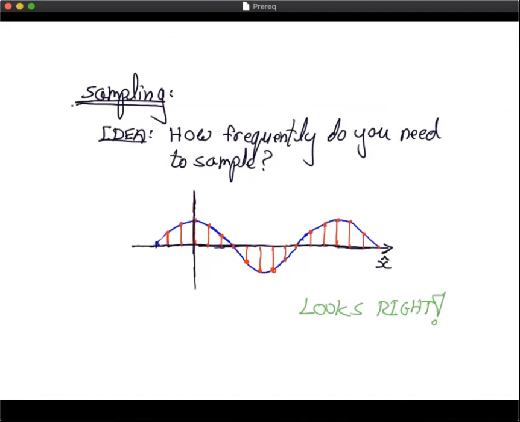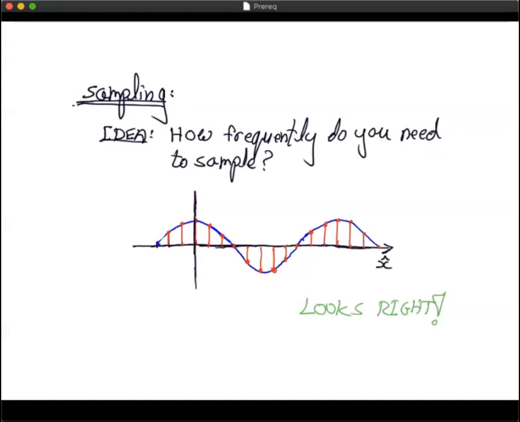So okay, let's say I have some signal, let's say a sinusoid. And the question is how frequently I need to sample this sinusoid in order to capture all the information of the continuous function in the discrete representation.